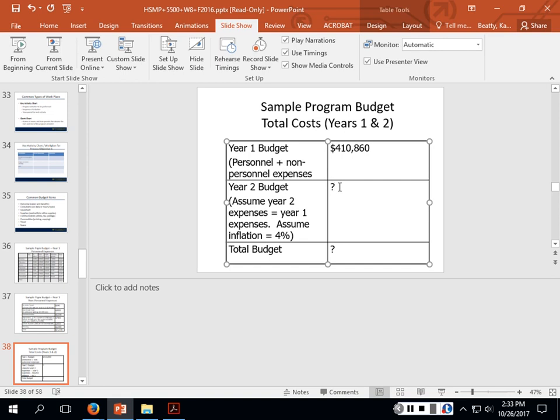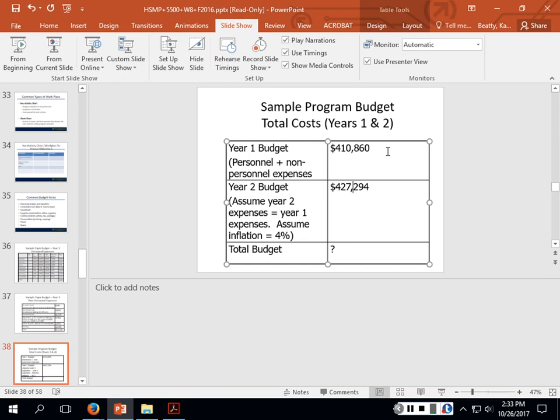So our year 2 budget then is what? 427,294. That's our 410,860 times 1.04, right? Increasing it by 4% to account for inflation.